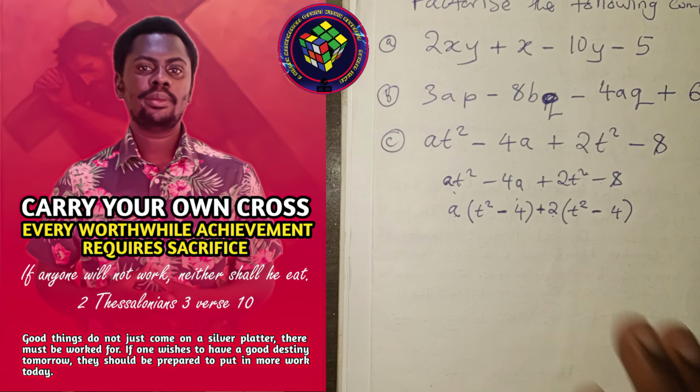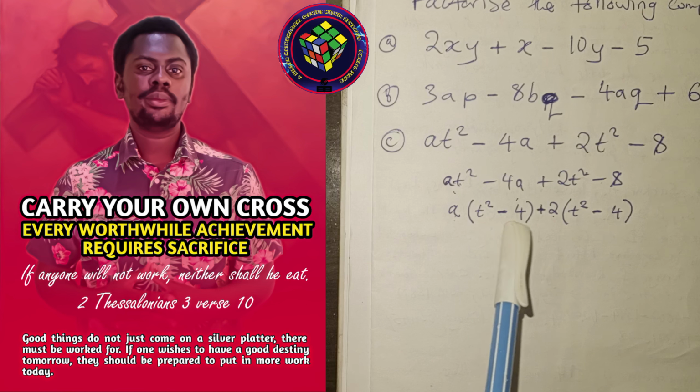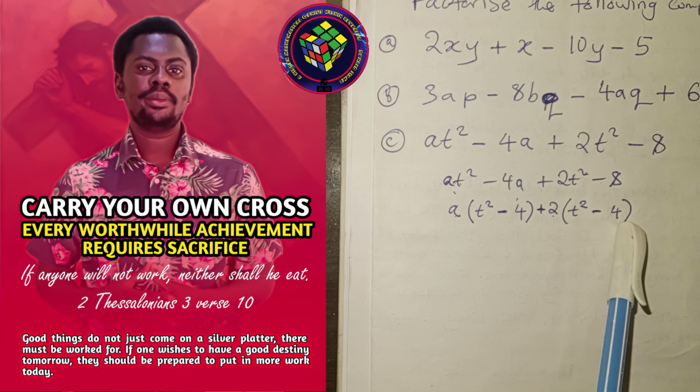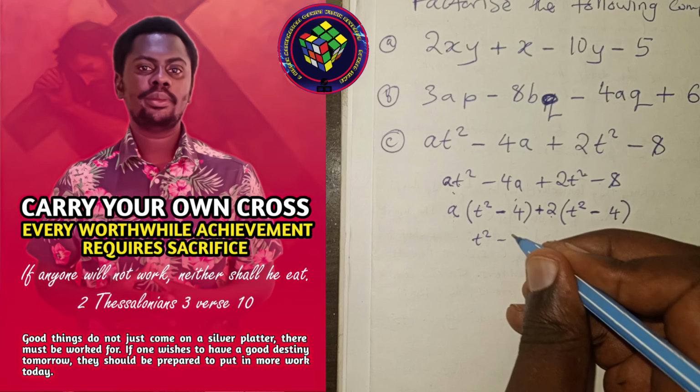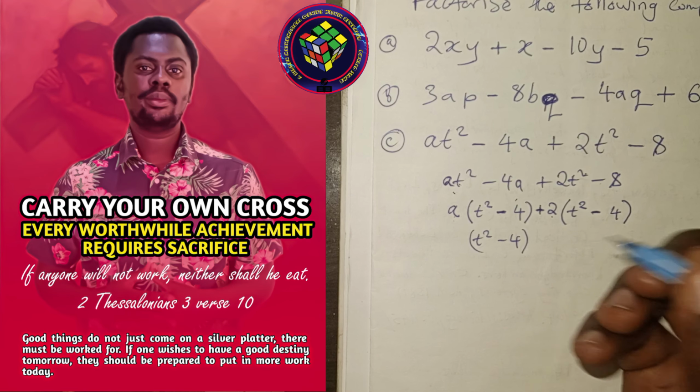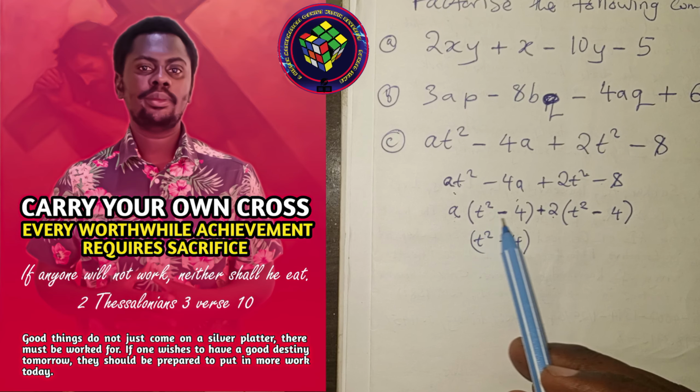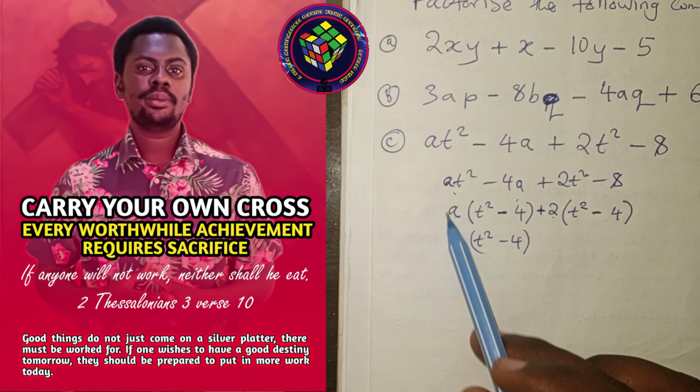Okay, again, when you look at the expression here, we can see that there is t squared minus 4 and t squared minus 4. So that t squared minus 4 is common, so we need to divide it out. So when you divide out t squared minus 4 here, you remain with what?